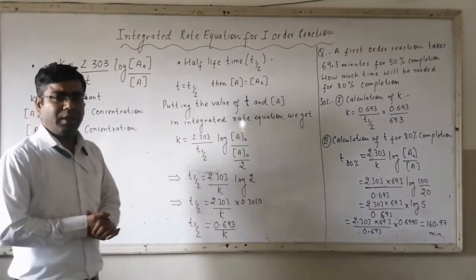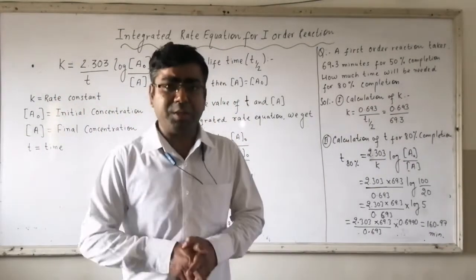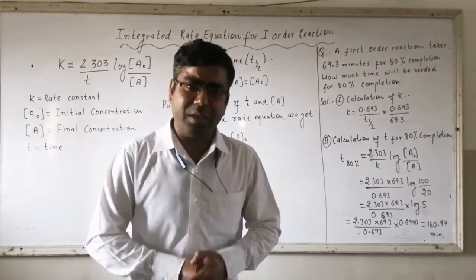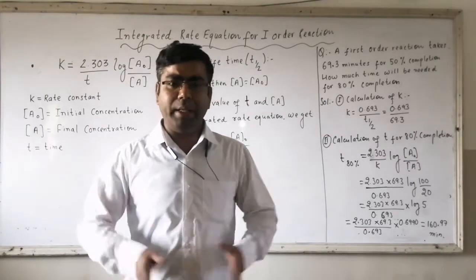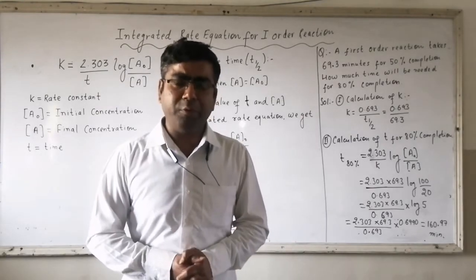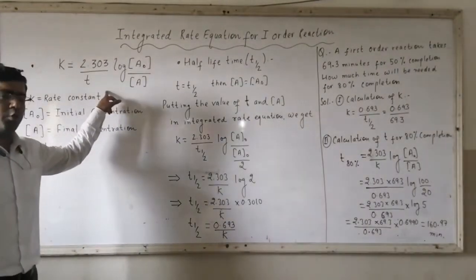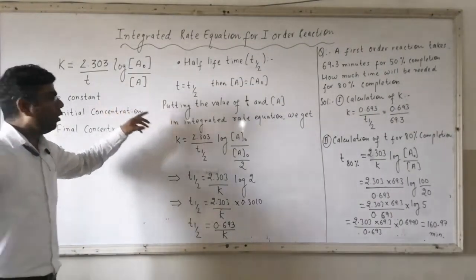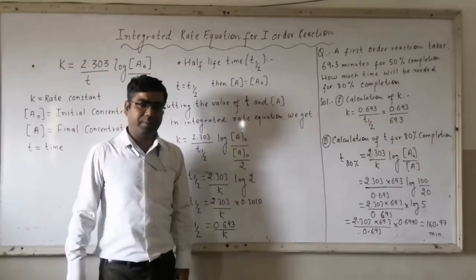So t half is the time in which the concentration reduces to half of the initial concentration. So how to calculate t half? For the calculation of t half of first order reaction, we will again use the integrated rate equation.